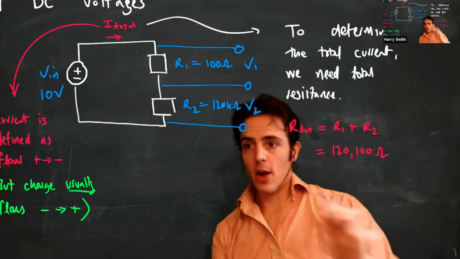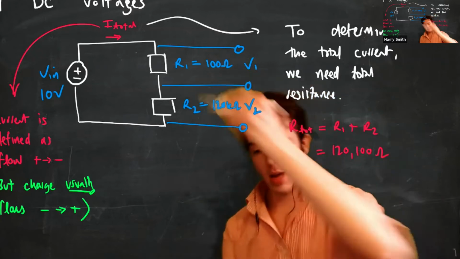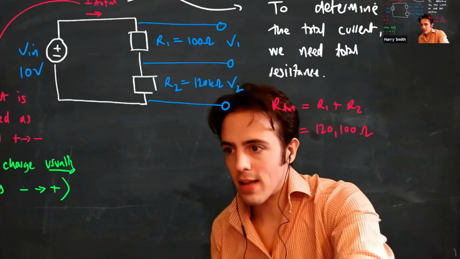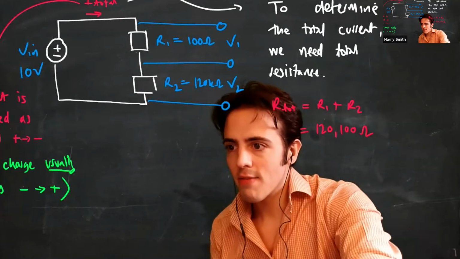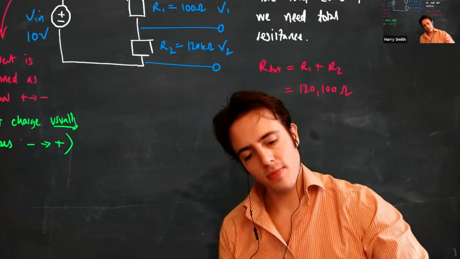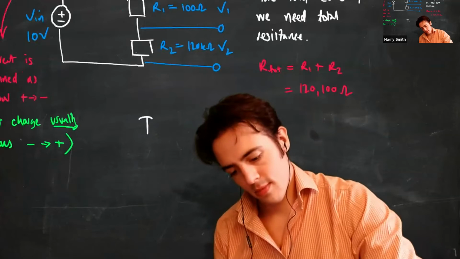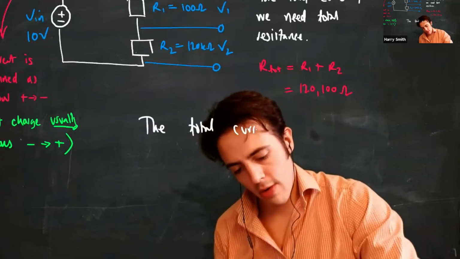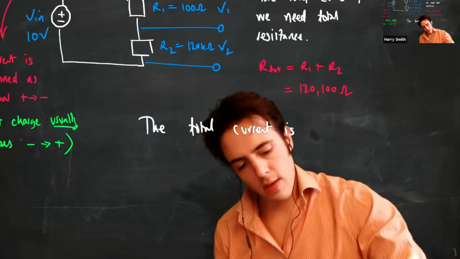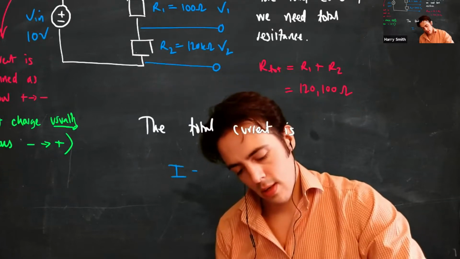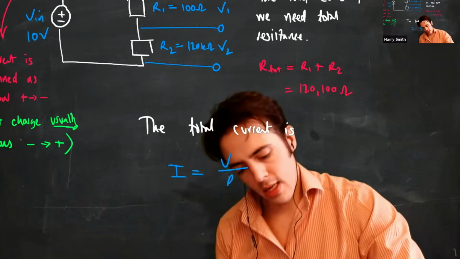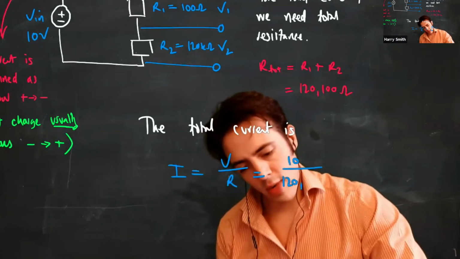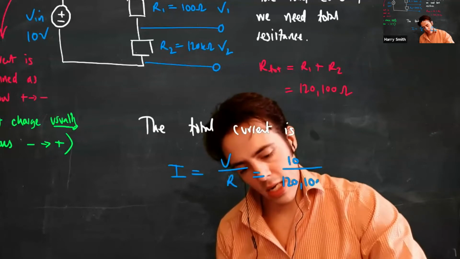So this is the total resistance now, which means we can determine the total current using, as someone correctly said, V divided by R. So the total current I is equal to V divided by R. So that's going to be 10 divided by 120,100.